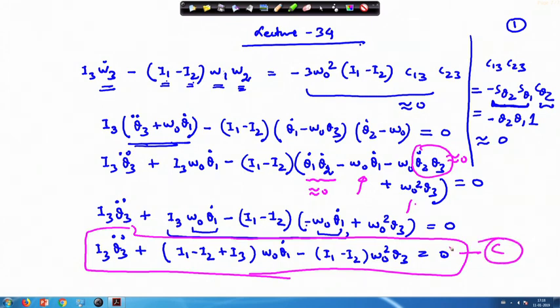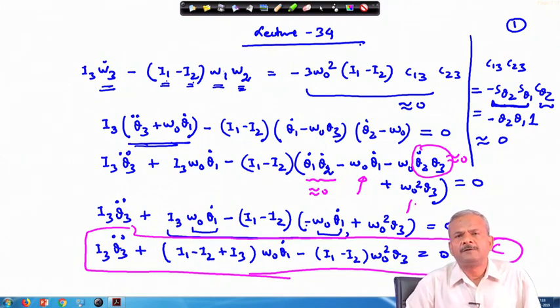So, these are the three Euler's dynamical equations, but now they are written in terms of the Euler rates and the Euler angles. The benefit is that, as I have told you earlier, quite often we look for how the body is rotating.